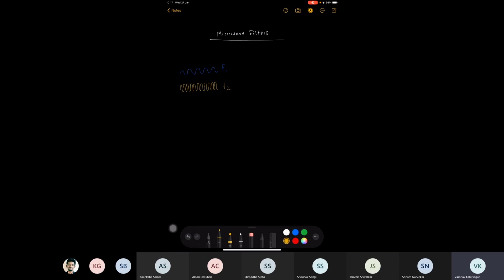And let us take two more signals, f3 and f4. Here you can visualize four different signals I have shown on the screen, which are different in terms of their frequency range. F1, F2, F3, and F4 all represent the frequency components of these signals, and they are different from each other.